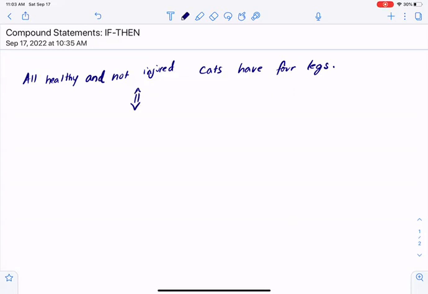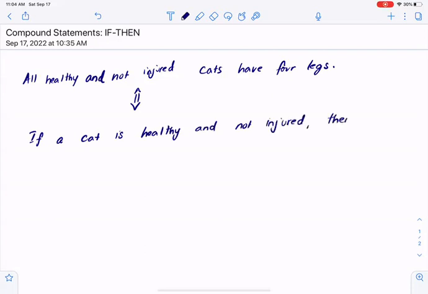look at this expression. If a cat is healthy and not injured, then it has 4 legs.